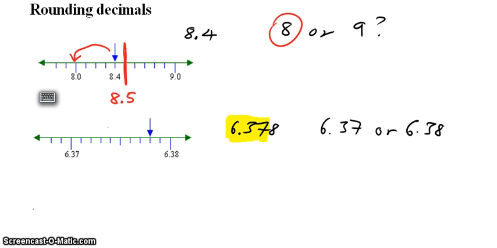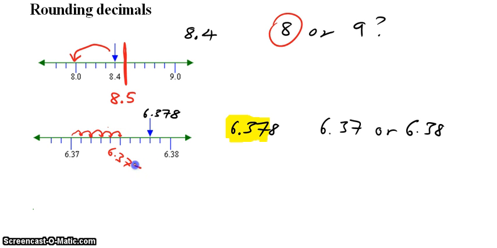Alright, so here you can see that the number 6.378 is between 6.37 and 6.38. The number in the middle is 6.37, 1, 2, 3, 4, 5.